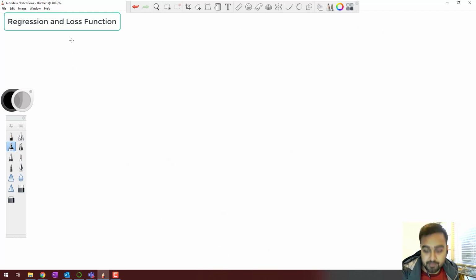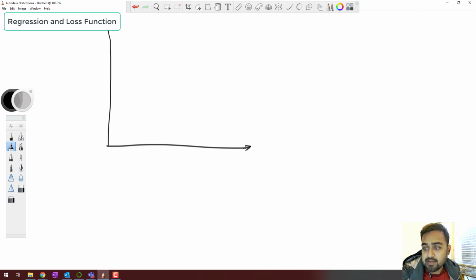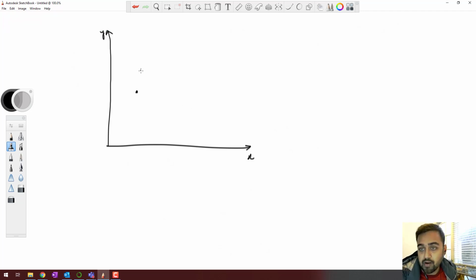Now comes the topic of regression. Let's say you have a set of data points, right, spread over the XY axis.